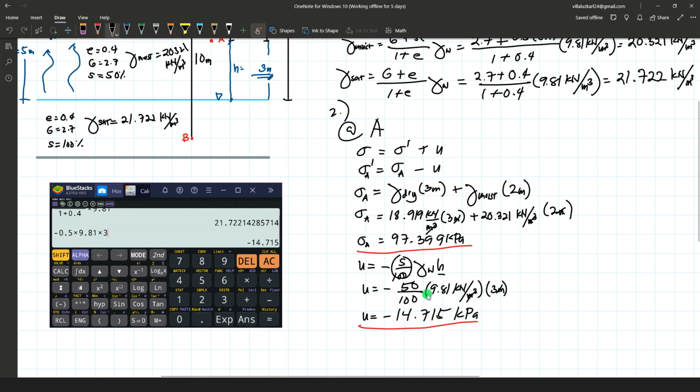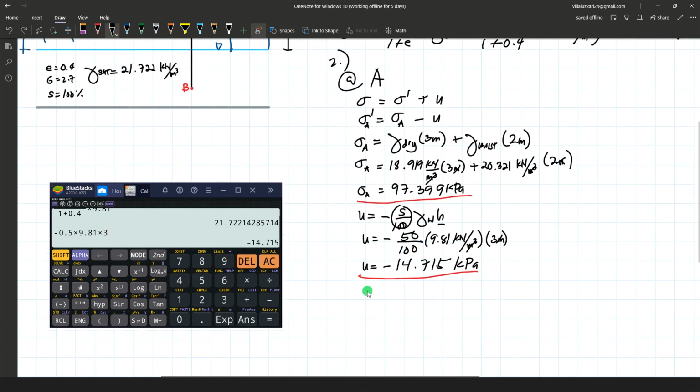Okay, that's your pore water pressure. And we can now determine the effective stress at point A by subtracting the pore water pressure from the total stress. So 97.399 kilopascal minus negative 14.715.